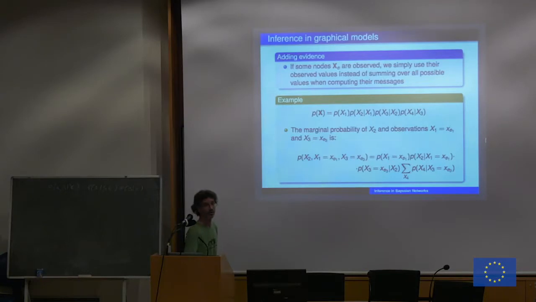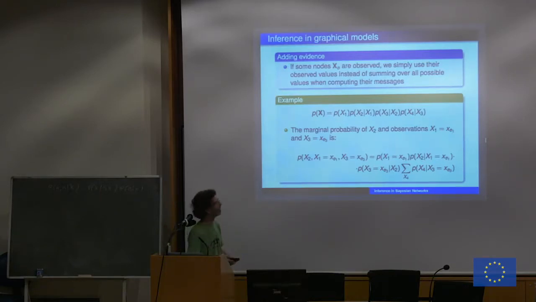As you see, I'm bringing the summation to the end. In all other pieces, I don't have summations because I just plug in the value. So when you send messages, you send either a summation if the variable is not observed, or a computation in which you plug in the value if the variable is observed. But the procedure is exactly the same.